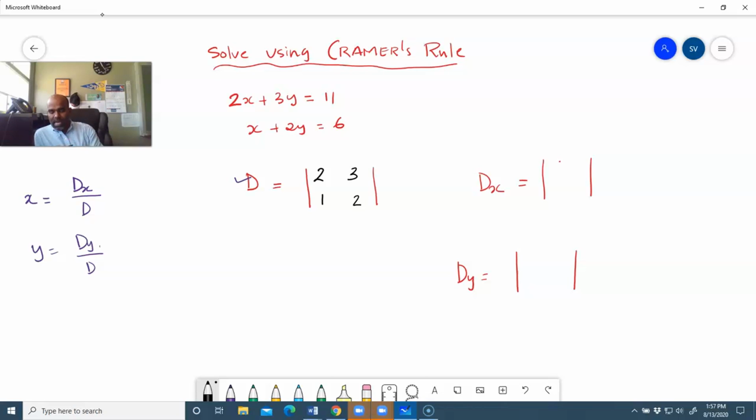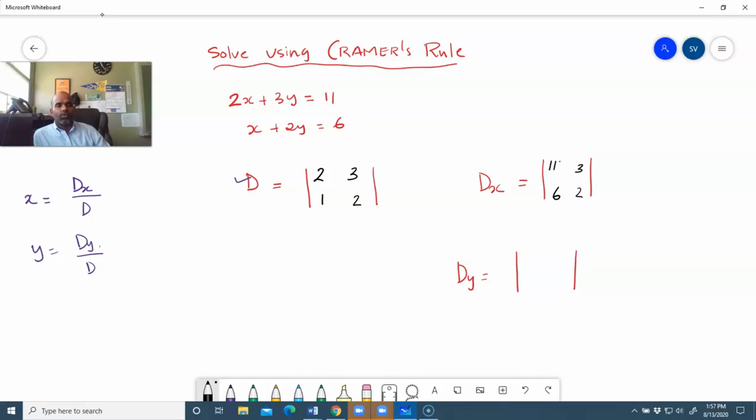Dx will be the constants first, and the y part of the main determinant, 3, 2.